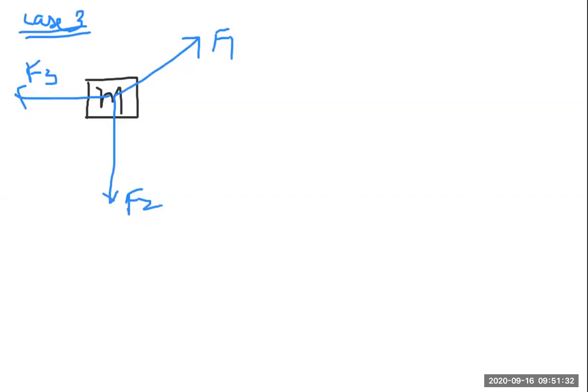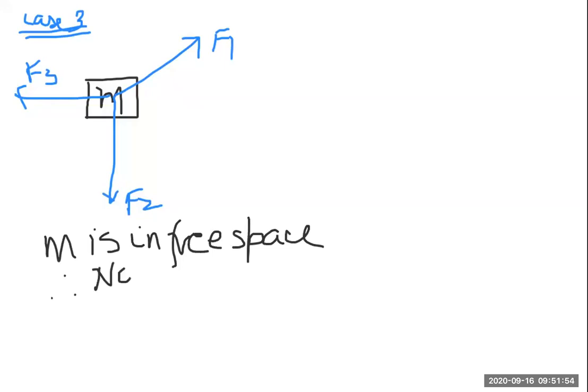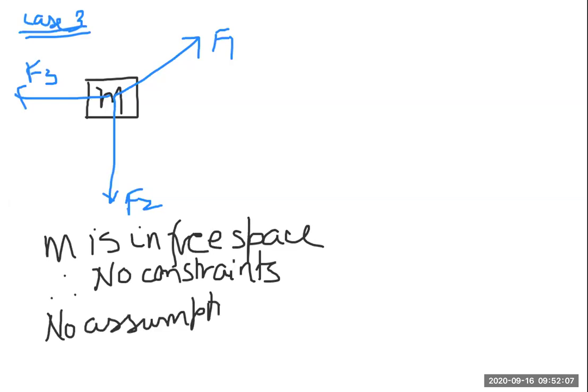You can have no assumptions about where the block is going to move. So M is in free space. Therefore, no constraints and no assumptions on motion.